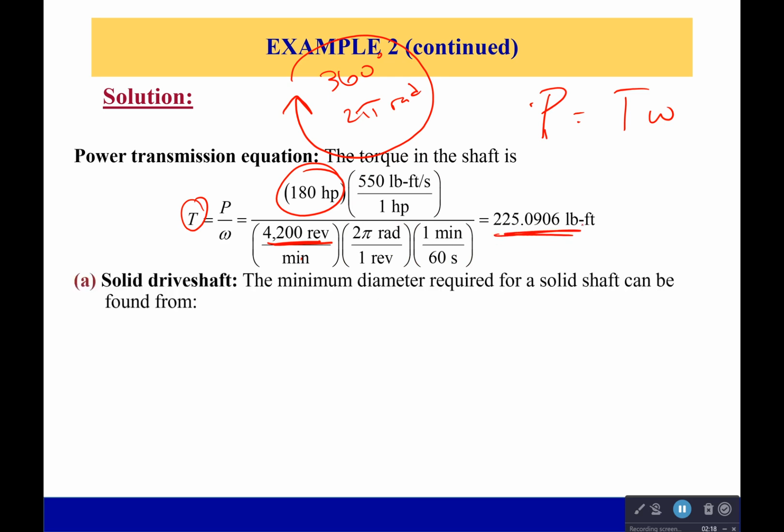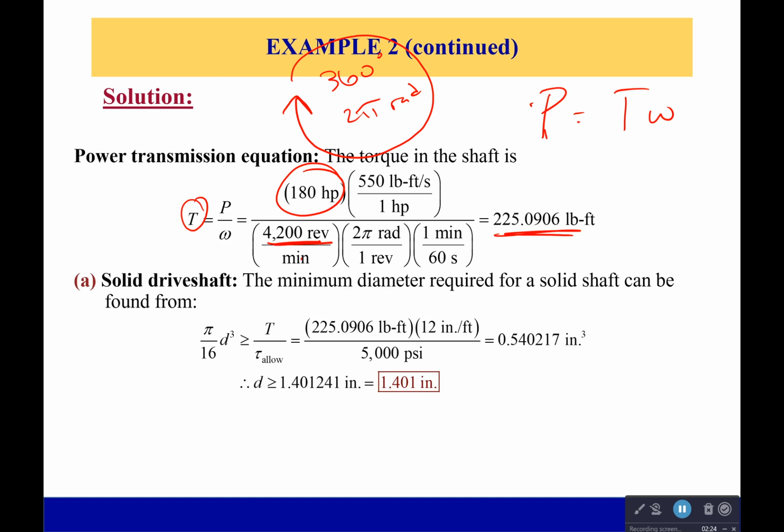225 pound-foot. Now, what's the minimum diameter for a solid drive shaft? Well, we can solve it by looking at this. Now, where did this come from? Well, remember that our shear stress is going to equal our torque times the radius over the polar moment of inertia. What's the polar moment of inertia? Well, it's pi over 2 times the radius to the 4th power.